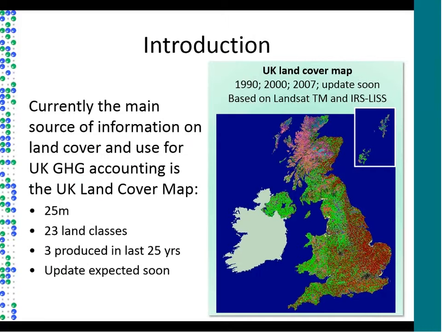The big disadvantage is that so far only 3 have been produced in the last 25 years. One is showing land cover for 1990, another one for 2000, and the most recent one is 2007. We're expecting an update soon for the year 2015.